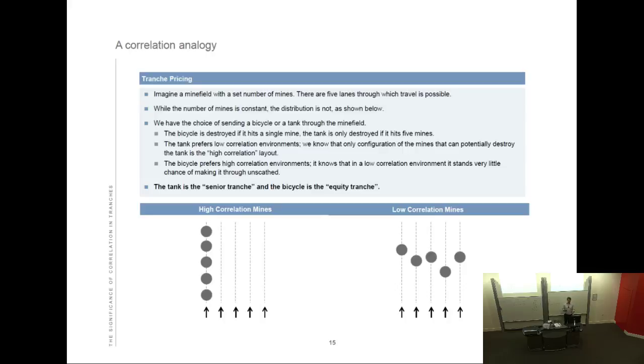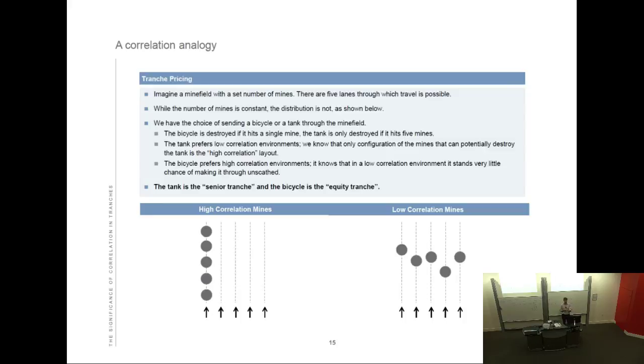And the exact opposite is the case in the highly correlated world. The tank now actually stands a chance of losing, because of getting blown up, because if he chooses the wrong lane, he suffers.